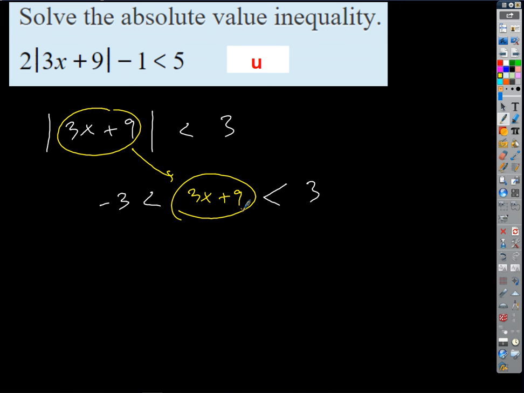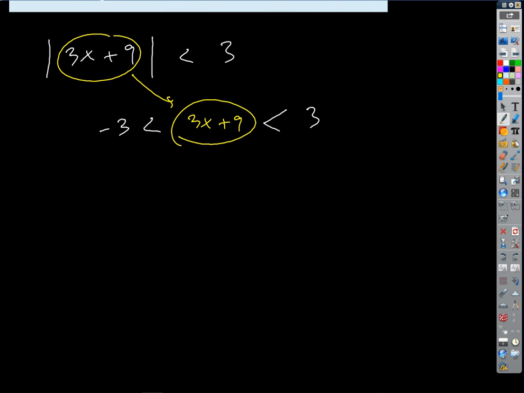So now, and we did practice this. I know we did this because I purposely reviewed this at the start of the year to kind of get ready for this stuff later on. So what are the steps now? How do we deal with solving a compound inequality like that? Subtract 9 where? Everywhere. Good. So we subtract 9. Then that gives us, in the middle, 3x. Here we get what?